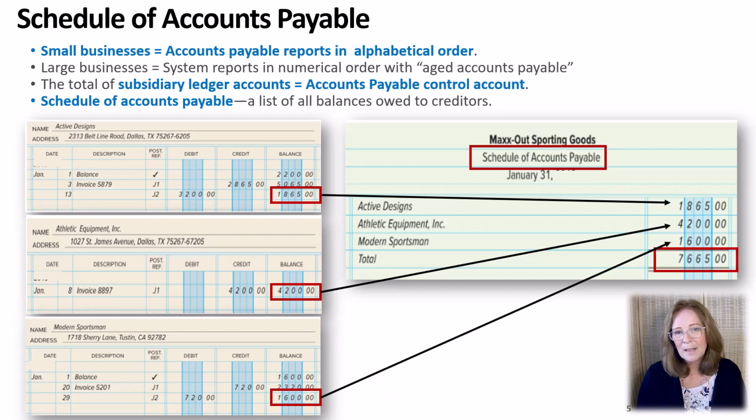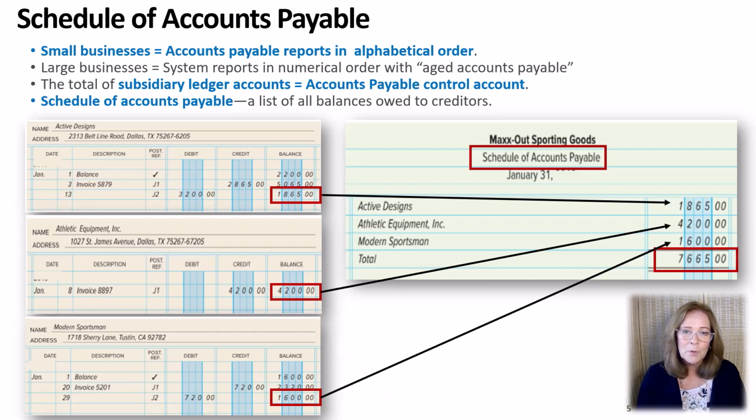Small businesses like Max Out Sporting Goods arrange the accounts payable ledger in alphabetical order. Looking at the subledger accounts, we can see that Max Out Sporting Goods has 3 vendors: Active Design, Athletic Equipment, and Modern Sportsman. We can quickly see the balance for each of these suppliers and the last invoice and payment.